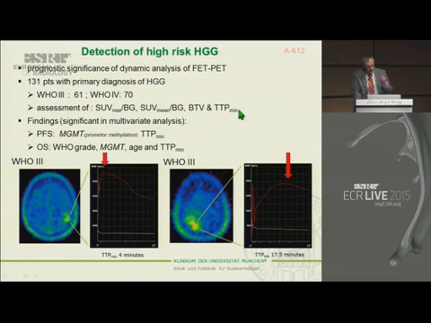We can also work up and identify different prognostic subgroups in high-risk glioma. We've here also looked in a relatively large cohort of patients with a primary diagnosis of high-grade glioma, almost evenly shared between grade 3 and grade 4. We looked with a multivariate analysis at the prognostic markers.